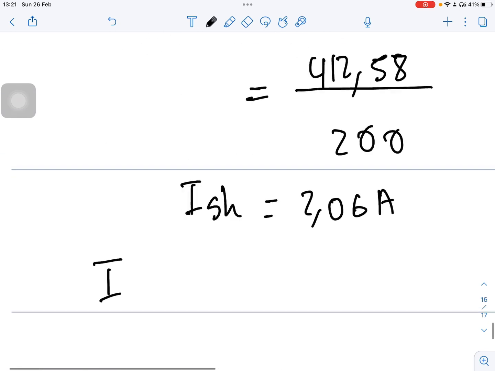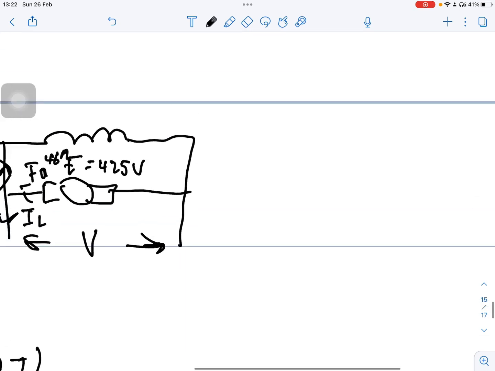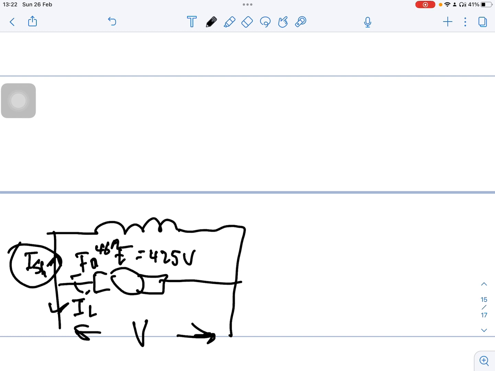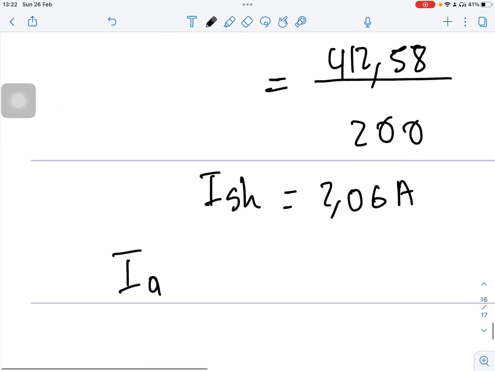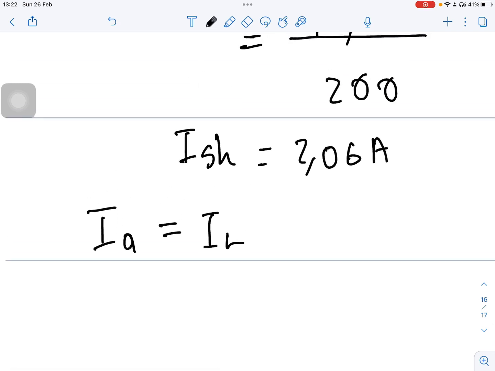Remember, if you're going to use Kirchhoff's law, it's called source current. Source current means I_A, so I_A is equals to I load plus I shunt, because this is a generator. If it was a motor, guys, it would be a different story.